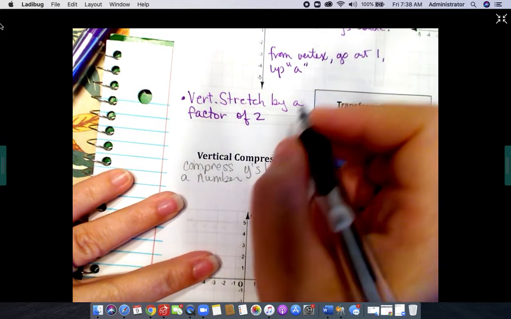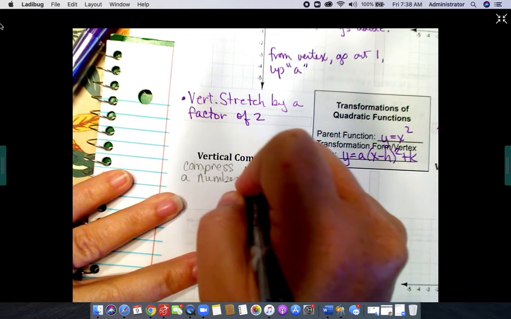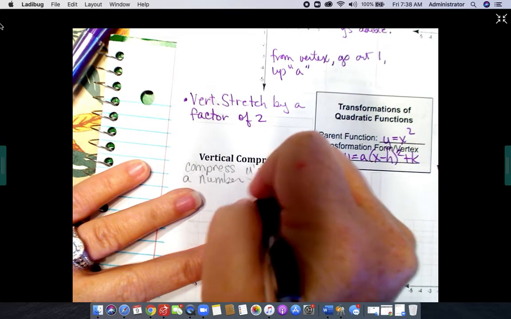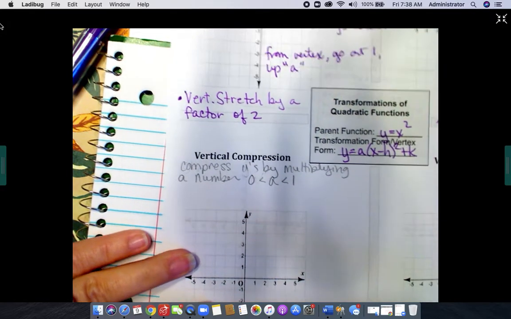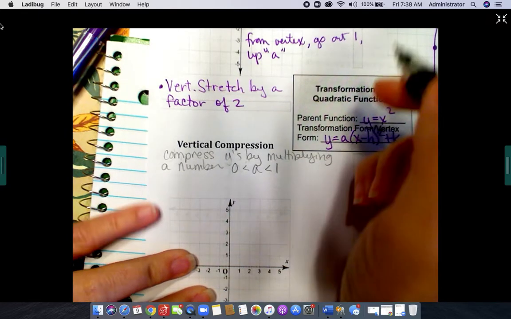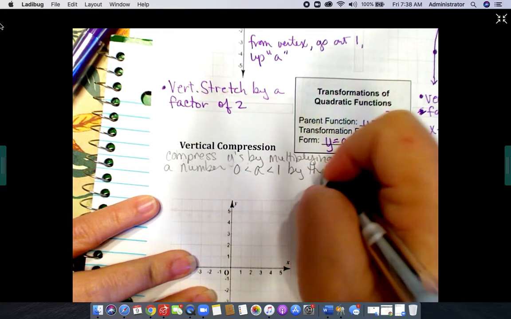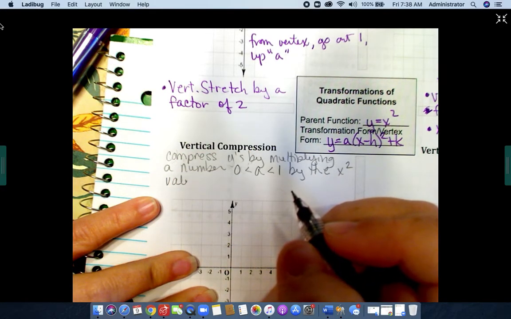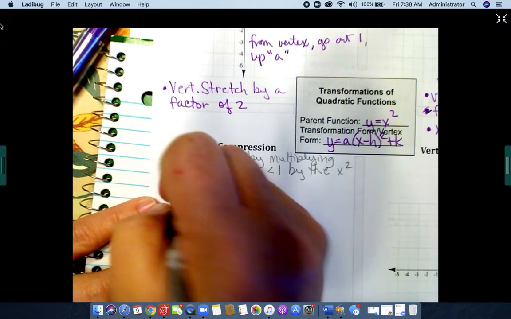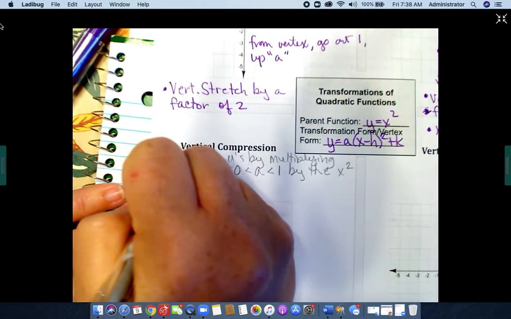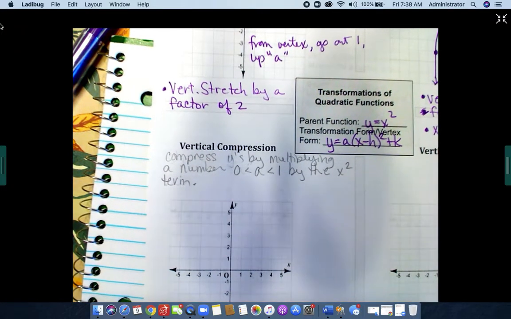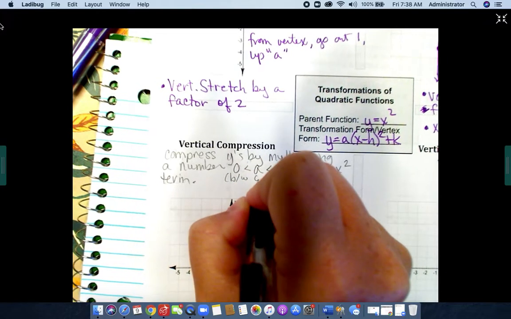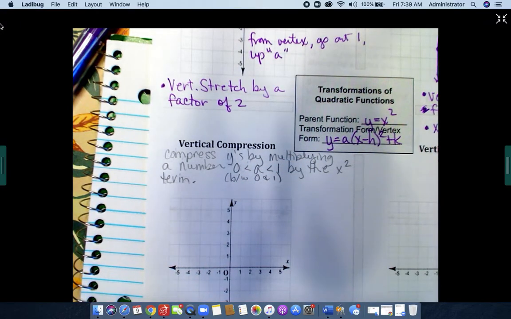So we're going to compress y's by multiplying a number a between 0 and 1 by the x squared term. If a is between 0 and 1, it will make it fatter. I like to say fractions make it fatter.